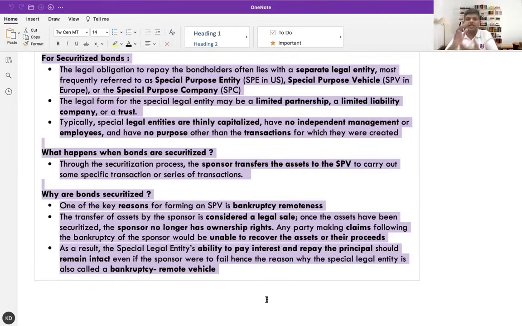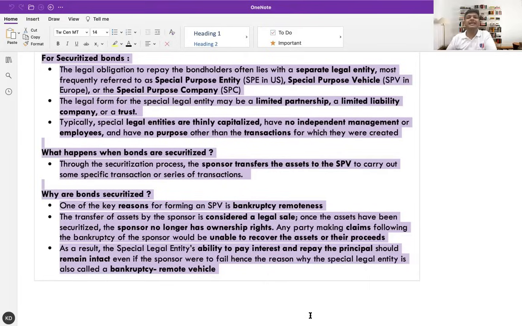But in case of securitization, remember one thing: basically here in the securitization process, there is an entity which has actually given loans, not issued bonds, and now is selling this loan portfolio to the investors.